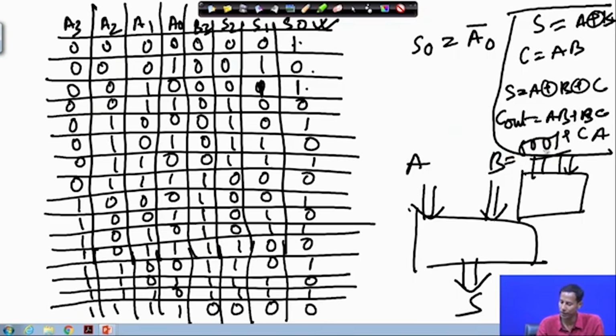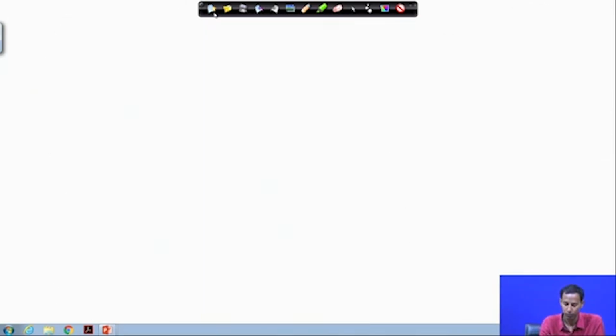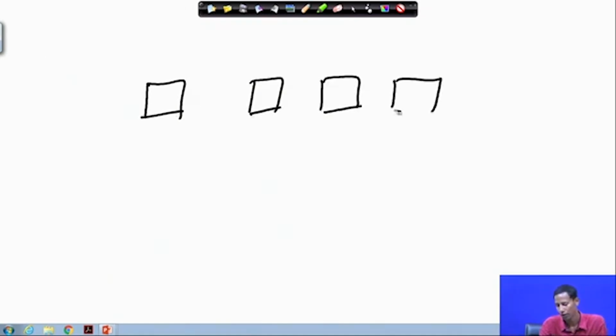So this 1 will only affect the changes on whatever the input of A is. The rest of the bits, as they are 0, will not affect. So this 1 will be propagated to the MSB side. Whenever I design this particular adder, if I draw this particular circuit using the full adder, what will happen?